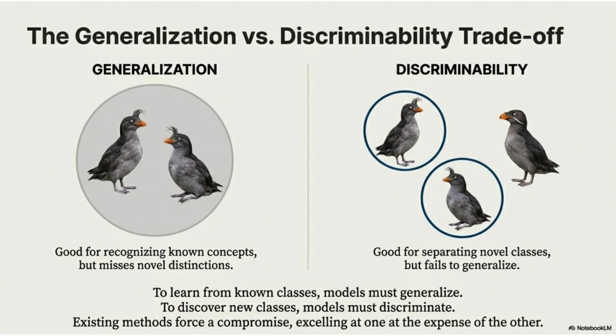On the other side is discriminability. This is the ability to tell things apart. It's great for separating novel classes, but if the model becomes too obsessed with specific differences, it fails to see the shared characteristics needed for transfer learning. Existing methods usually sacrifice one for the other. Our goal is to break this compromise.